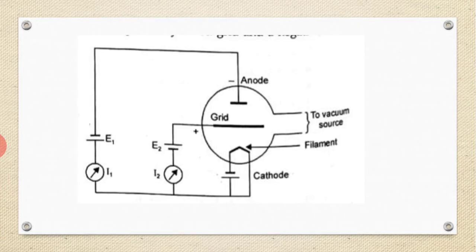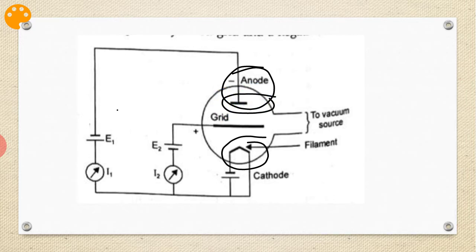This is the figure. Let me first orient how it is connected. This is a cathode filament, connected to the supply, and it will get heated up. This is the anode, also called the negative plate, whose terminal is connected to the negative of the battery.